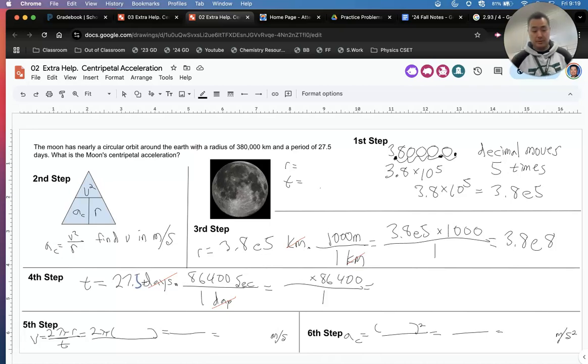Okay, so Devin gave us the days. Now Devin put in 27.5 times 86,400. Why? Because there's 86,400 seconds in a day. Velocity cannot be in days. It has to be seconds. 27.5 days times 86,400.